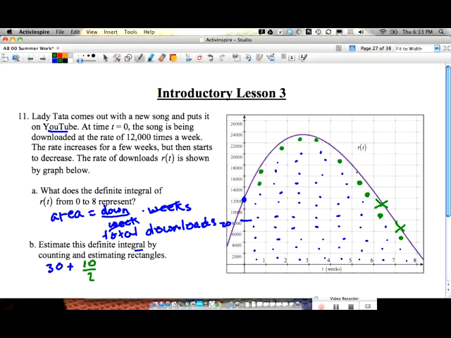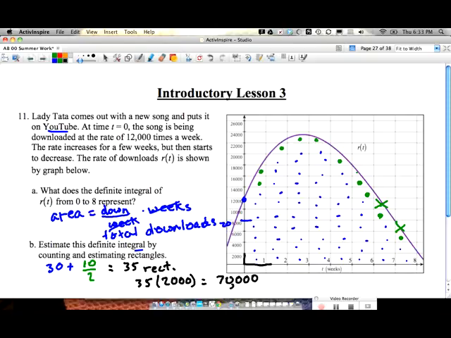So I got about 35 rectangles, and each rectangle is 1 week by 2,000. So this equals 35 rectangles, and that's going to be 35 times 2,000, because that's how much each rectangle is worth, which gives us 70,000 downloads. That's a lot.